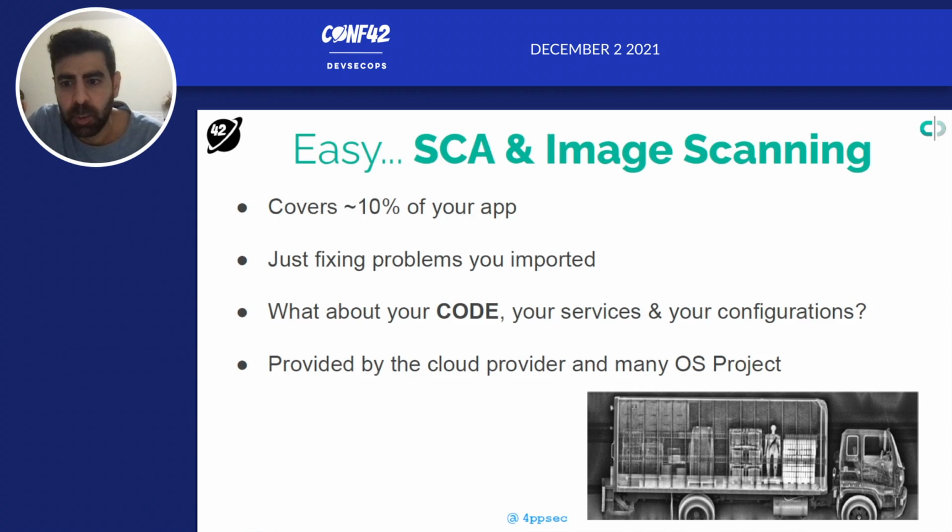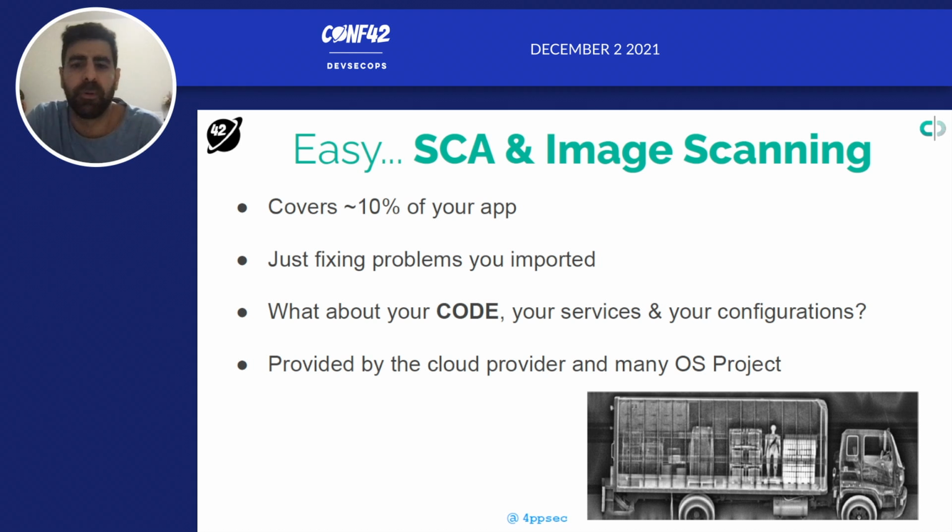Easy, right? We can scan the image. If you do have an image and you want to just run an SCA on it, it's going to give you 10% coverage, 50% coverage, maybe even less. I don't know. And you just find potential problems that you imported, because it doesn't really mean you're vulnerable.